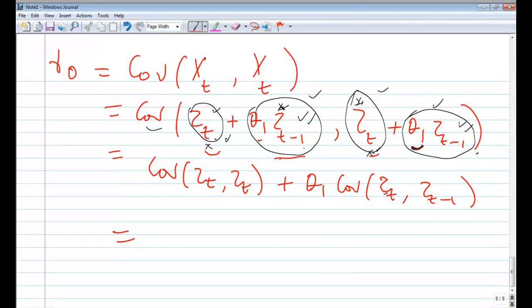Then you take theta 1 Z_{t-1} and Z_t, so plus theta 1, the covariance of Z_{t-1} and Z_t.